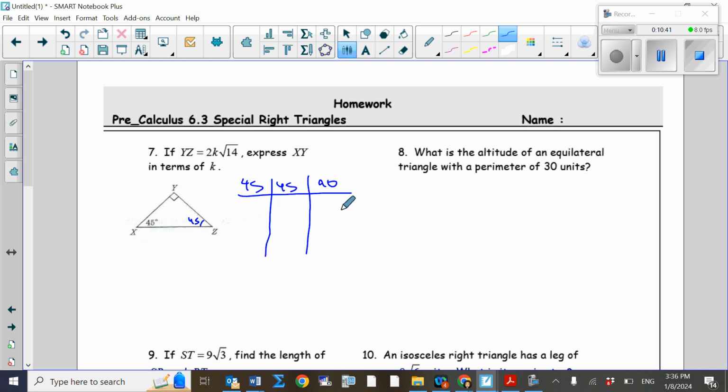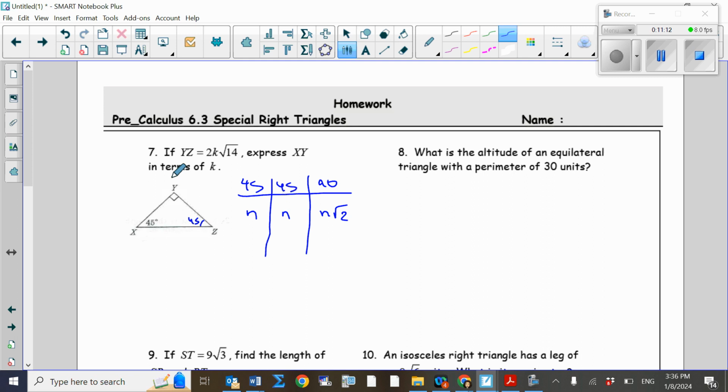I'm not going to use k because we already have something called k here. So I'm just going to go with something else. You can use x or anything else. Let's this time use n, just to show you that you can use any letter, because it's just the ratio. n, n, and n root 2. It doesn't really matter what letter you're using. We're just trying to avoid confusion here.